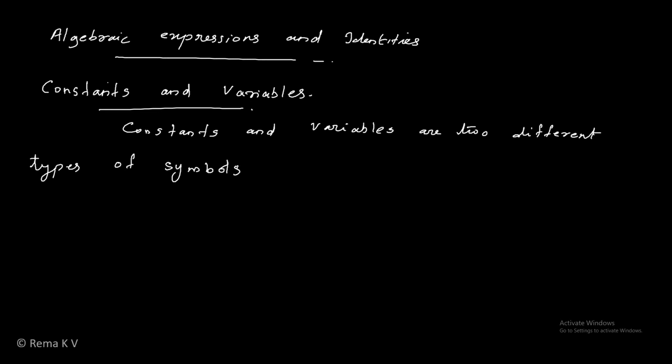Constants and variables are two different types of symbols used in algebra.